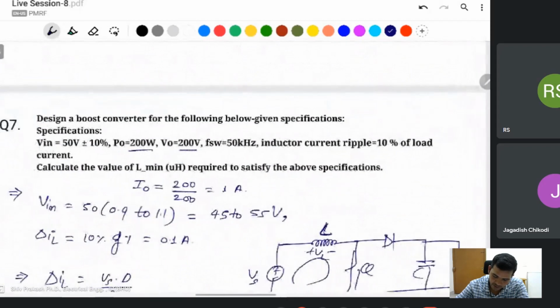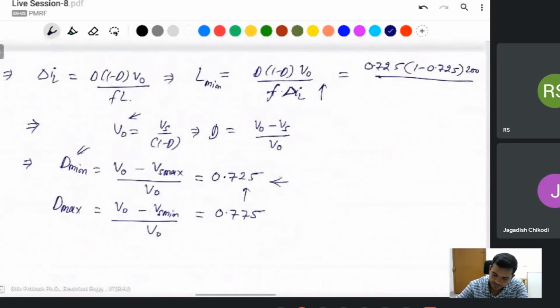Frequency is given as 50 kilohertz, and delta IL is 0.1.